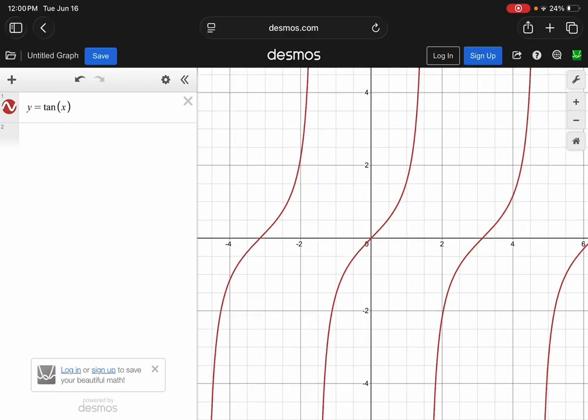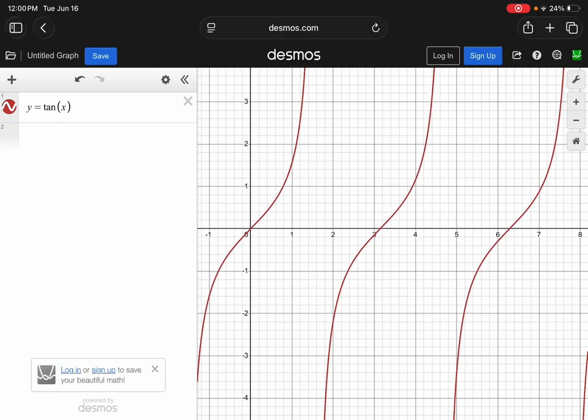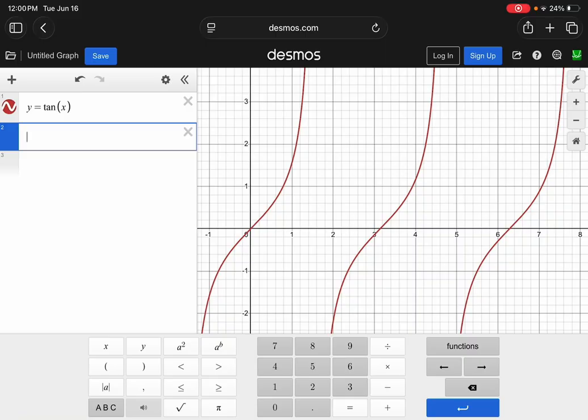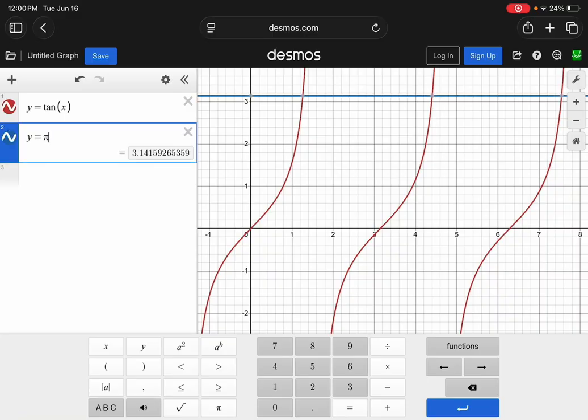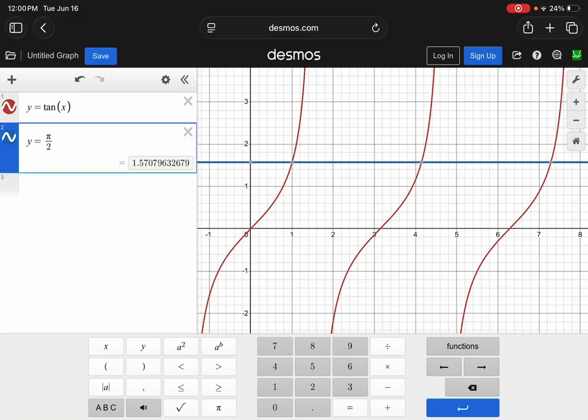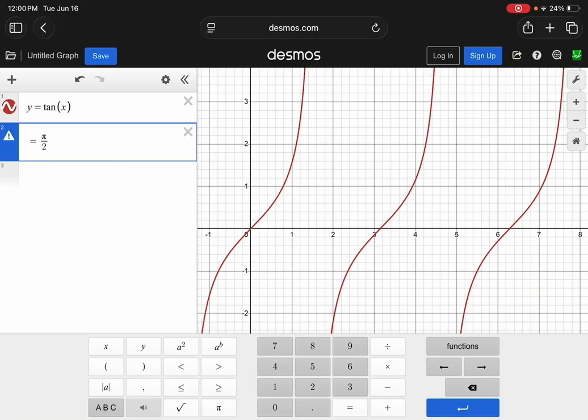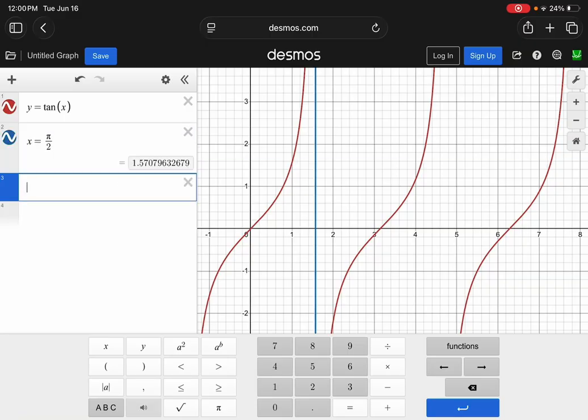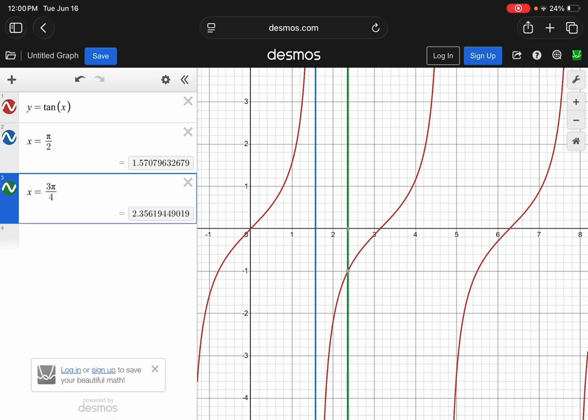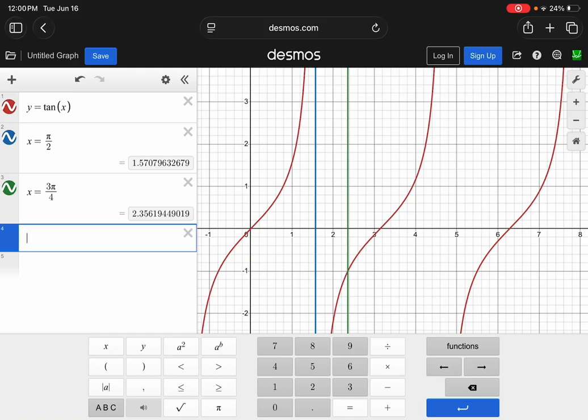And so what we found, here I'll go ahead and zoom in, is we're looking at the values x equals pi over 2. Oh, sorry, x equals 3 pi over 4. X equals pi.